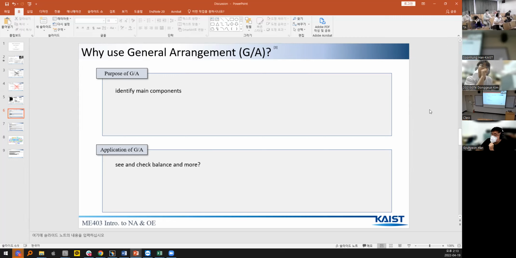Maybe one of the purposes is to check what kind of components we can put in the ship, like how many beds or lobbies and stuff like that.